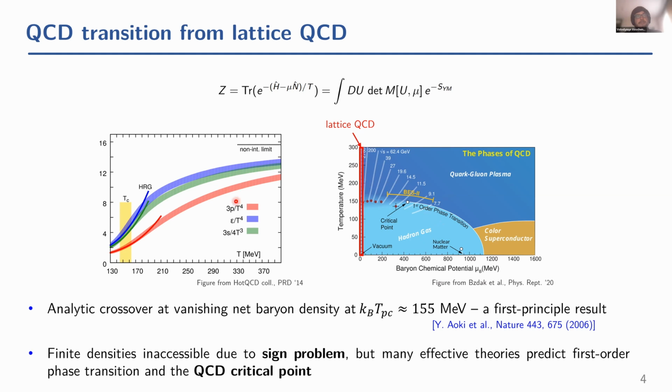And now we have calculations, since about 10 years, performed at the physical point, so at physical values of quark masses, which allows us to calculate how thermodynamic properties of QCD, like pressure, energy density, or entropy density, depend on the temperature at zero baryochemical potential.